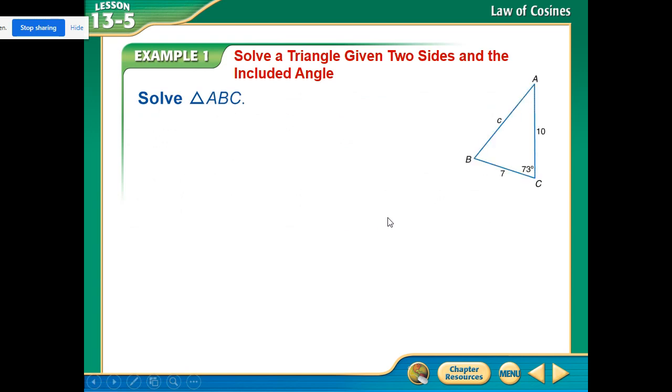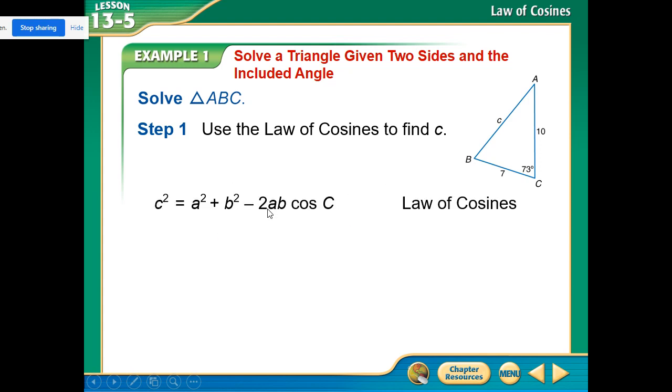So let me show you. Here we have a triangle with sides 7 and 10 and the angle in between, so side angle side. When we have this, we can use the law of cosines. We want c squared by itself, so we use the formula with c squared: the other two sides squared, minus 2 times the other two sides times each other, and then the cosine of the angle.